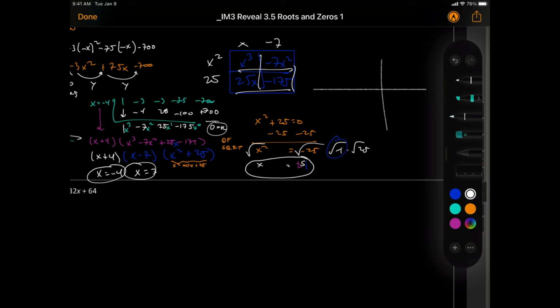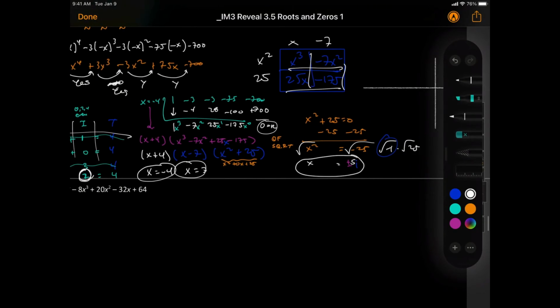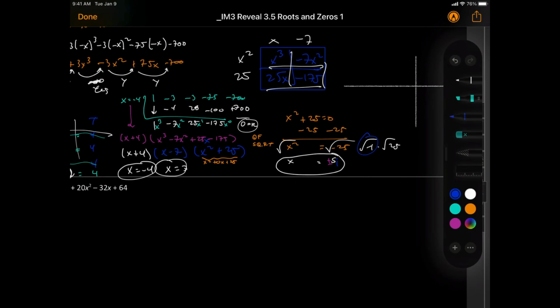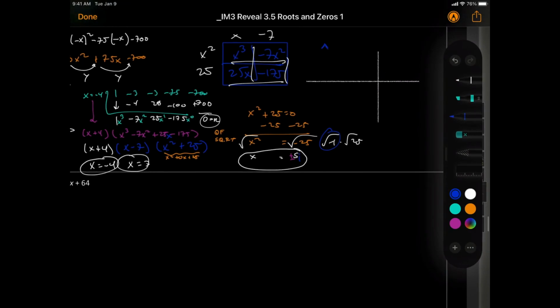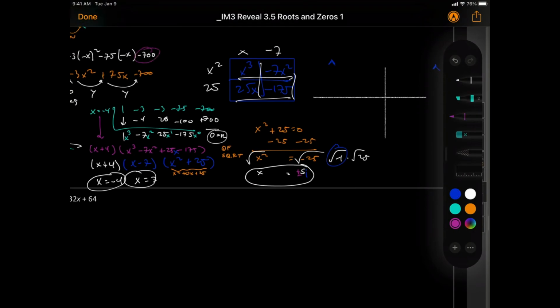Okay, this one is an imaginary, so we don't even put that in there. And it's to the 4th degree. So we're going to start up and up like this. Negative 700 is my y-intercept. And I have x equals 7 and x equals negative 4.